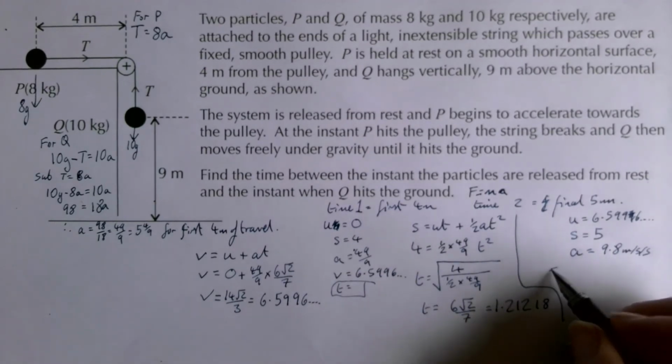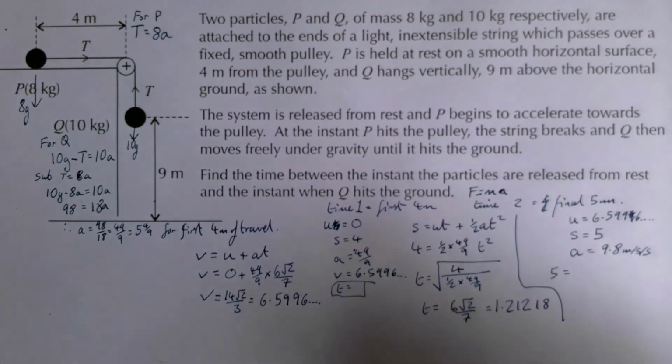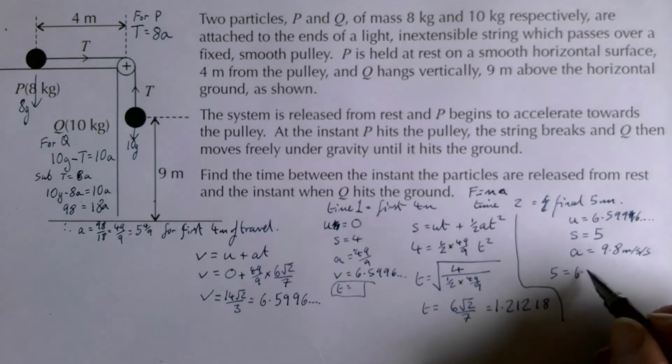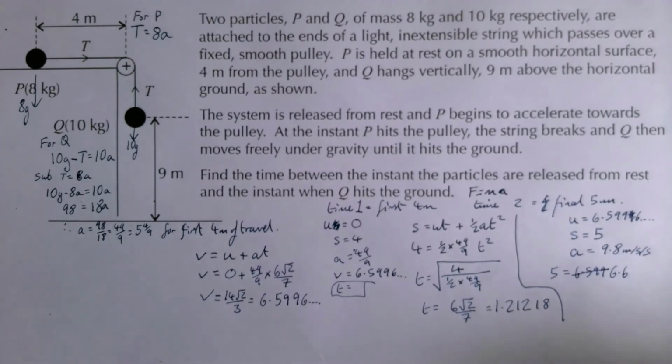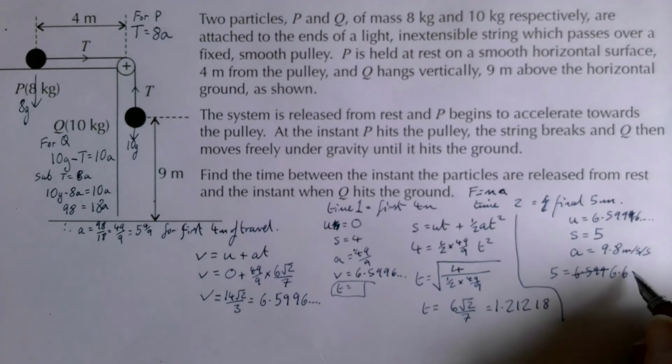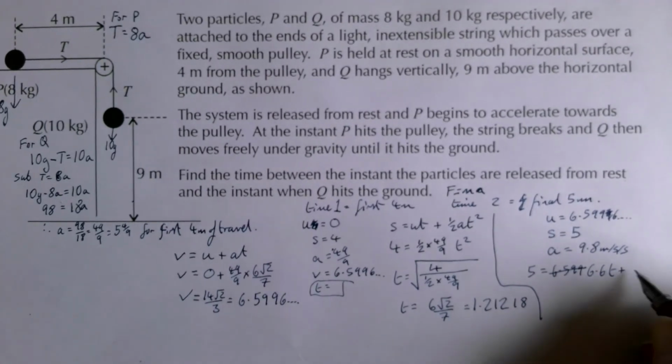So we can say 5 is going to be equal to 6.6 t, in fact, let's just say we're rounding it to about 5 decimal places, it still comes out as 6.6, plus a half times 9.8, which is 4.9 t squared.